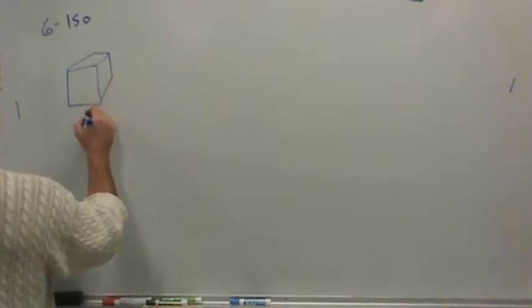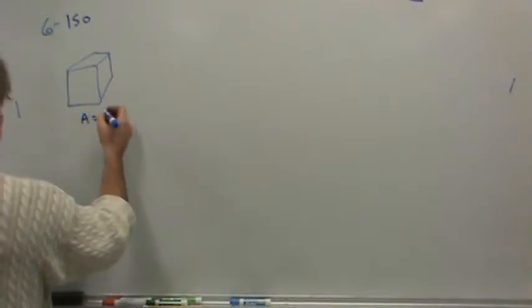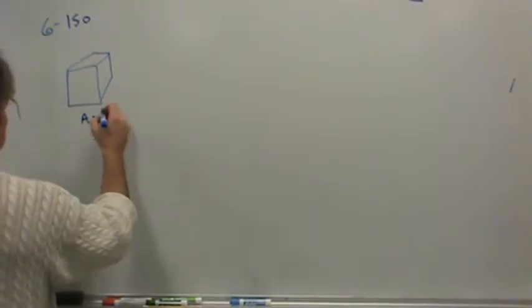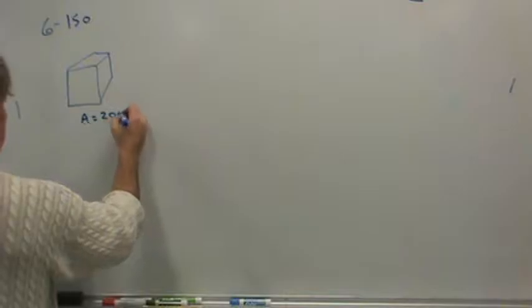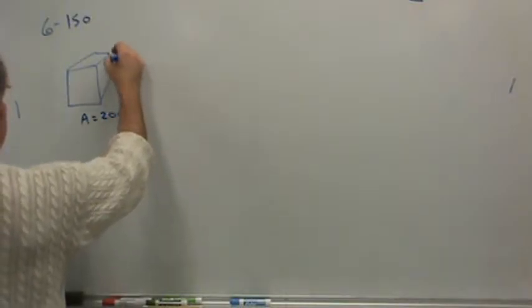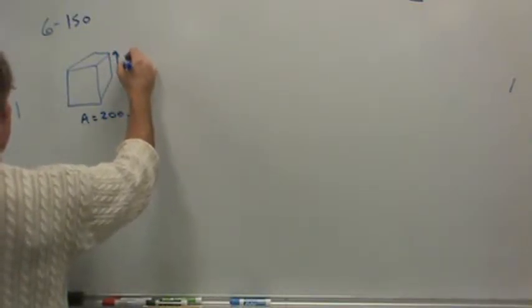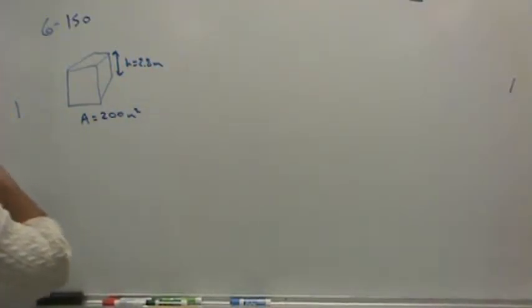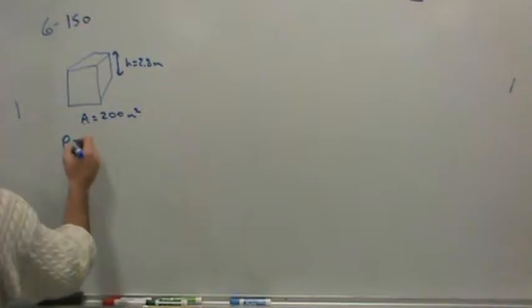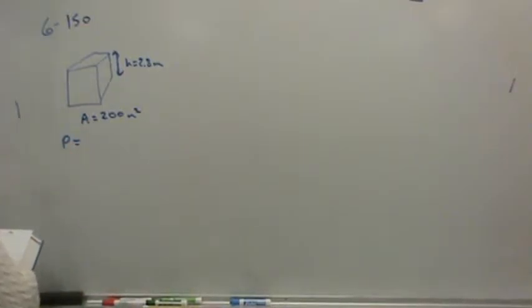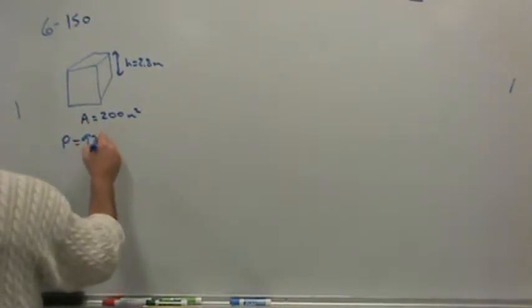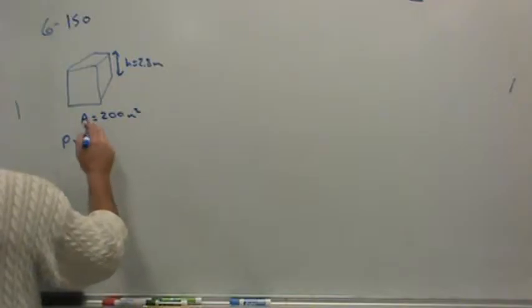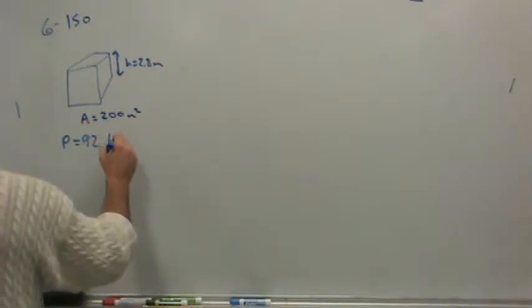Let's see. So the floor area is 200 square meters. The height of the home H is 2.8 meters, and let's see, the pressure is, trying to make sure this is the same, 92 kilopascals.